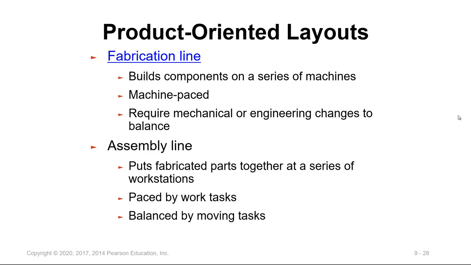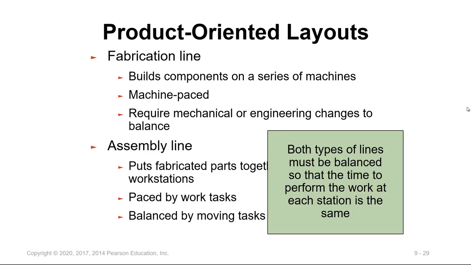The assembly line puts fabricated parts together at a series of workstations paced by work tasks and balanced by moving tasks. Both types of lines must be balanced so that the time to perform the work at each station is the same.